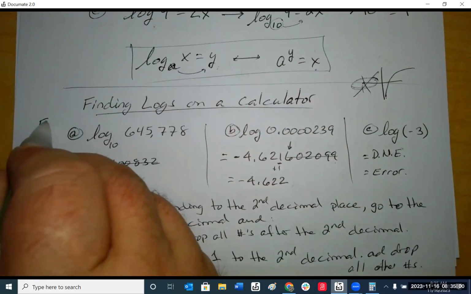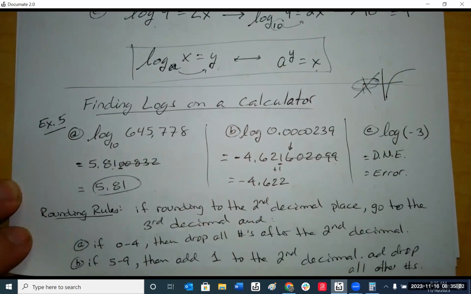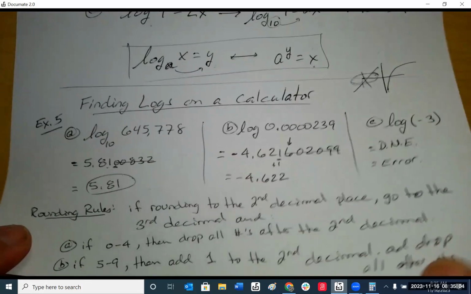So this is example 5. Okay, example 6 is going to look at natural logs.